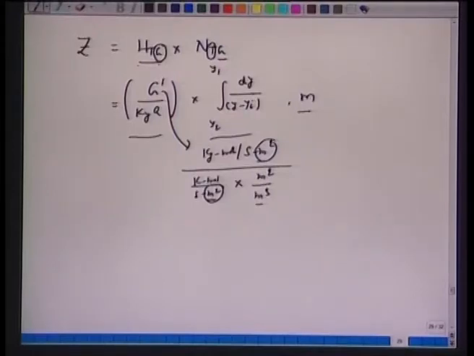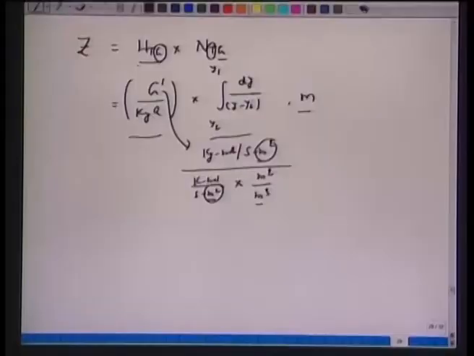So, we have the expression for Z in terms of the number of transfer units and the height of a transfer unit. Let us conclude today's lecture with the physical meaning of the height of a transfer unit and the number of transfer units. Of course, the total height we understand, say 5 meters, is required to purify our gas from y1 to y2, but what is the number of transfer units and what is the height of a transfer unit?